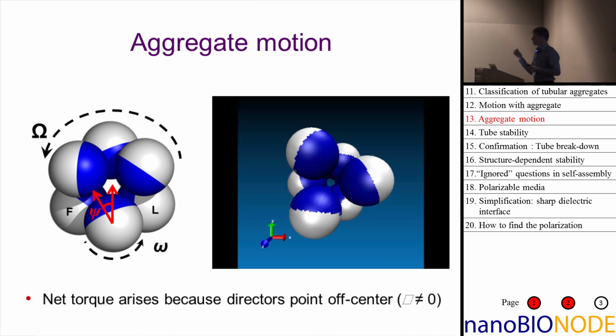So the particles in the cylinder and the cylinder itself find an angle, a lag angle psi, that gives you a torque that's exactly enough to rotate the whole cylinder, given the drag of the surrounding solvent, at a rate which is equal to the spinning rate of the individual particles. And so you can write down an equation of motion for that.